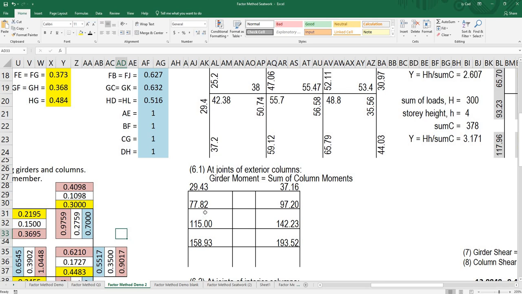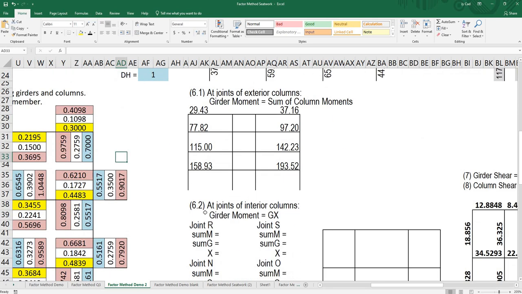And then sa 6.2, that is for interior columns, the girder moment is equal to G times X. So, medyo may challenge ito ngayon.